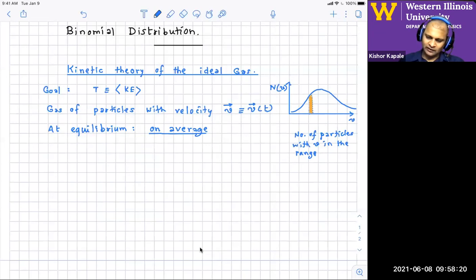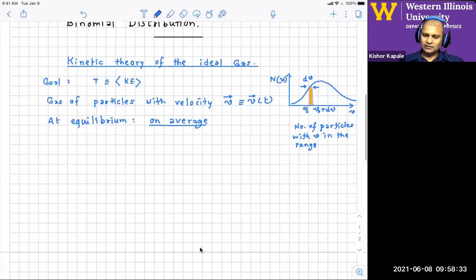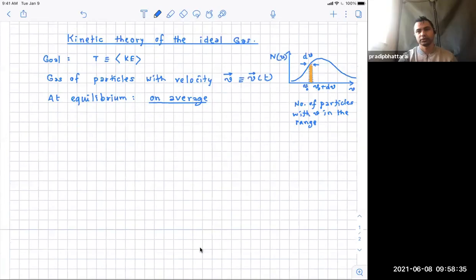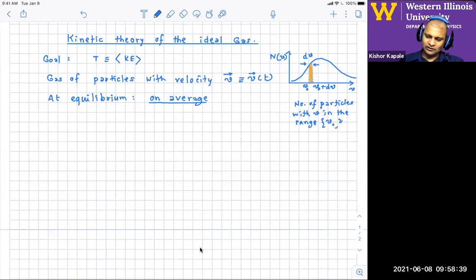I'm going to write dv over here, and let's call the initial speed v0, and then the end of that interval is v0 plus dv, right? So in the range v0 to v0 plus dv. Okay, so that's what the shaded area denotes.